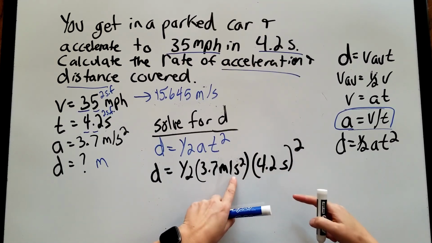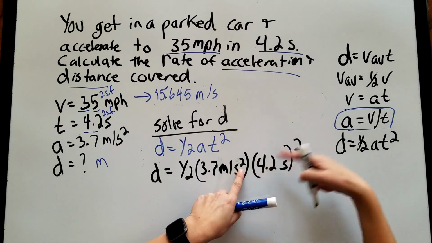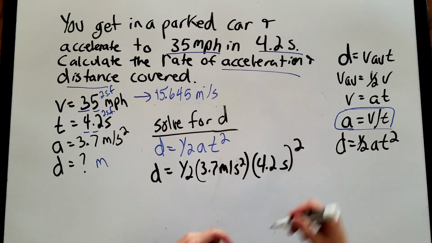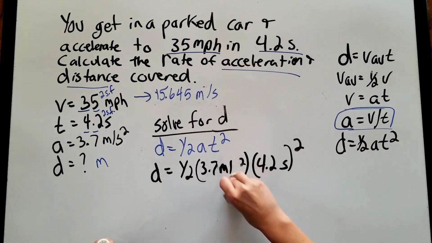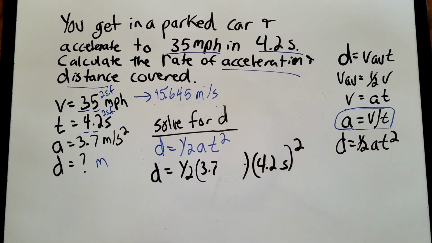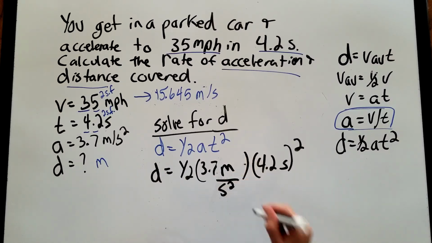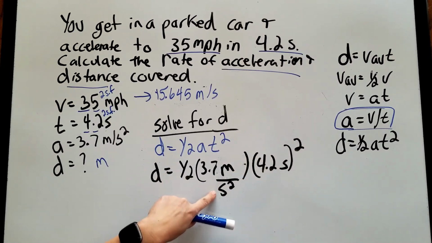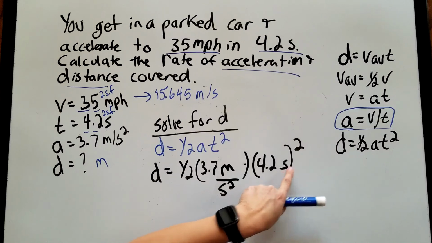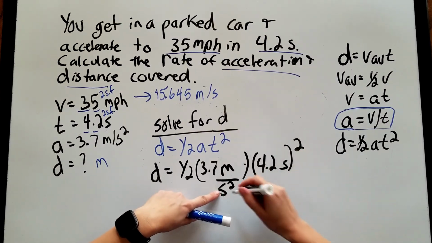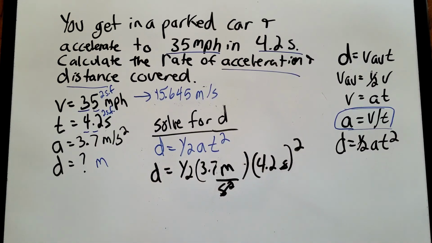So notice we're going to have seconds squared, and once we square this, we'll have seconds squared there as well. So those will cancel. Let me rewrite it so you can see it better. Meters per second squared. The second squared in acceleration is in the denominator, and this second squared will be in the numerator. So they'll be on opposite sides of that horizontal line, thus canceling each other out.